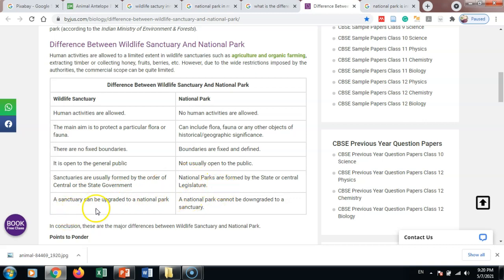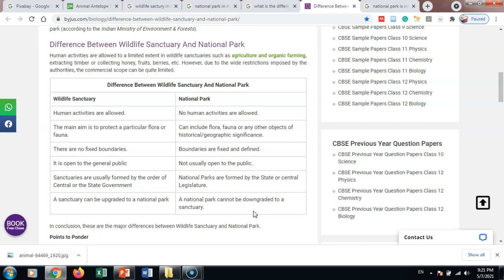Then a sanctuary can be upgraded to a national park. Upgraded means, we can say, it is like a promotion. A sanctuary can be upgraded to a national park, but a national park cannot be downgraded; demotion of a national park will not be possible in any case.